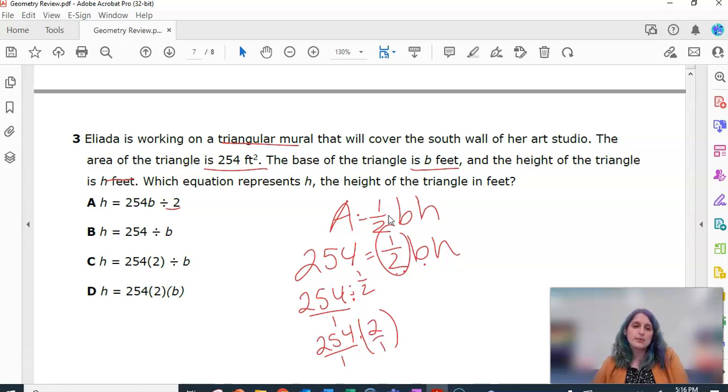And I do see a couple options that are talking about 254 times 2. So that isolates our 1/2. If we multiply by the reciprocal, those will cancel out. 254 times 2 equals BH. We still want H alone, so we're going to divide both sides by B. And I only see one of those two options, C or D, that has a divided by B in it.